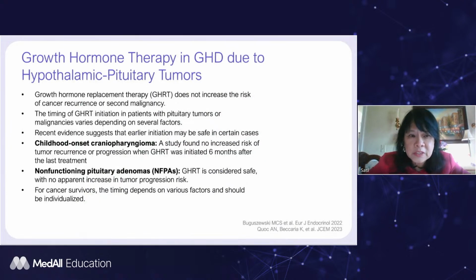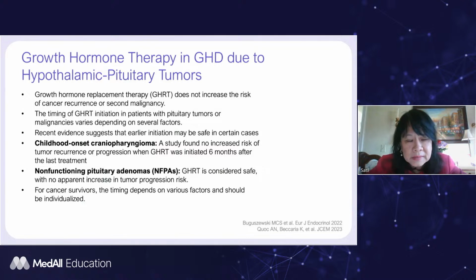So I'd like to mention briefly cases with tumors that result in growth hormone deficiency. We need to know when to start growth hormone in children that have malignancy. We found that growth hormone replacement therapy does not increase the risk of cancer recurrence or second malignancy.